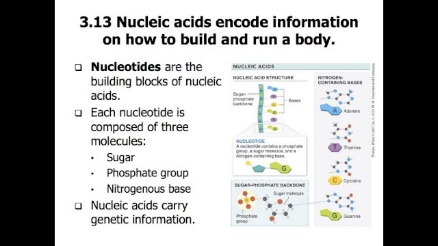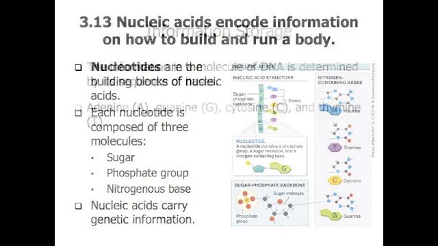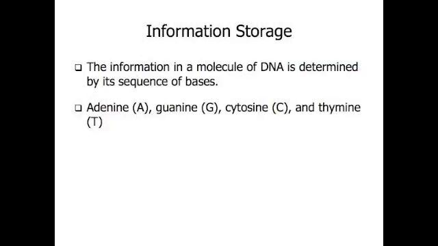It can be one of several different bases. For this reason, a nucleic acid is often described by its sequence of bases. Moving on, nucleic acids store information in the order of bases attached at each position in the molecule's backbone.